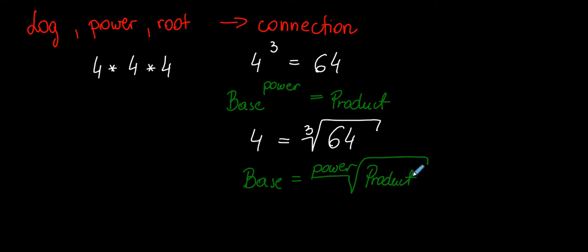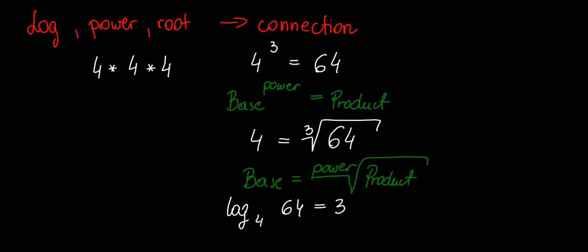Now, what about the log? Well, we've looked at the product, we've looked at the base, but how about power? If I am looking for the power, that's when the log comes in. So in this situation, we will have log of the base 4 and the product 64 will give me 3.